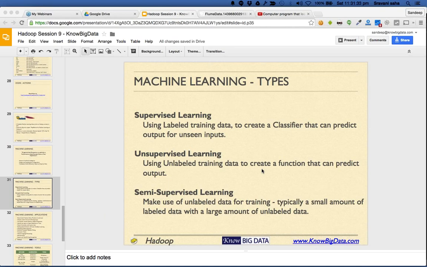So this kind of job, where the computer is supposed to predict the hierarchy or predict the groups, is called unsupervised learning.